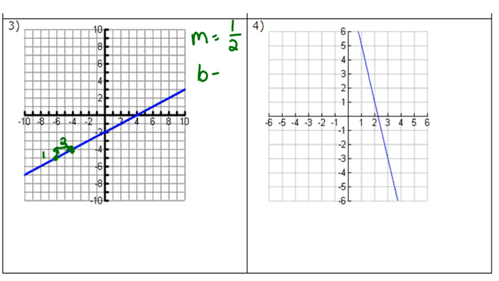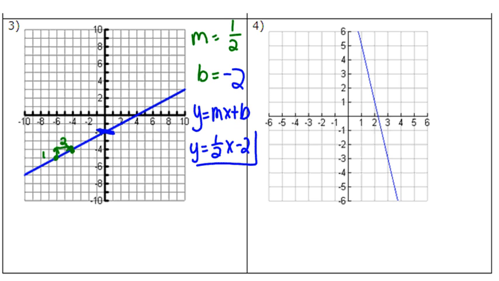The next thing I look for is the y-intercept. So I can tell in this case that it crosses the y-axis right here at negative 2. Since I'm given a slope and an intercept, I put it in slope-intercept form. So I have y equals 1/2 x minus 2. And that's my answer.